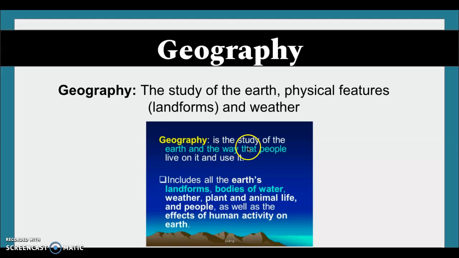It is the study of the Earth and the way that people live on it and use it. So geography in this definition includes all the Earth's landforms, bodies of water, weather, plant and animal life, and people, as well as the effects of human activity on the Earth. This is the part I really liked, the effects of human activity on the Earth.